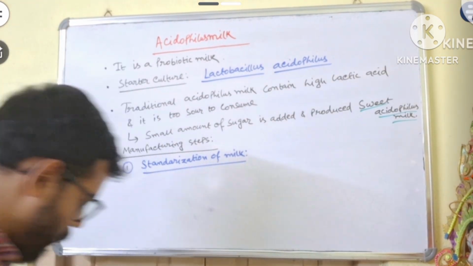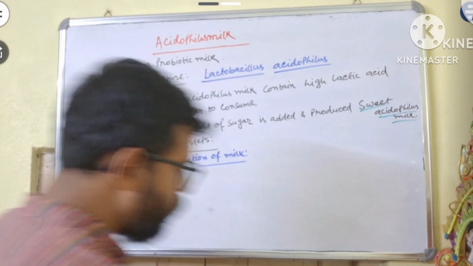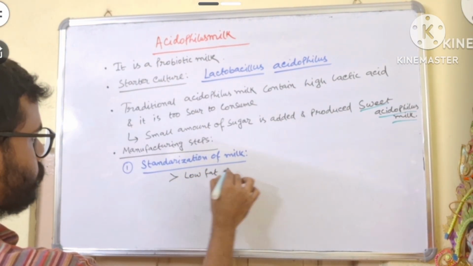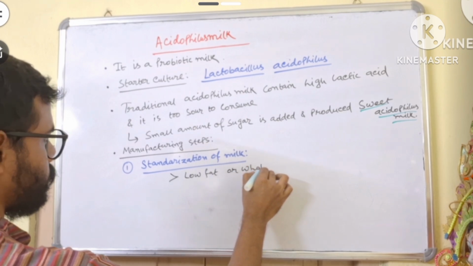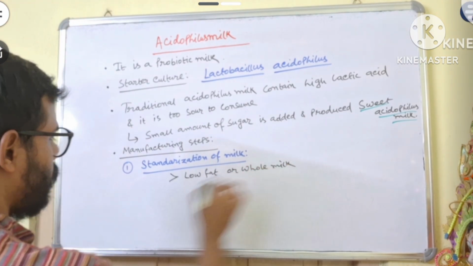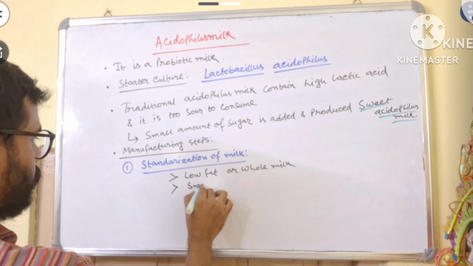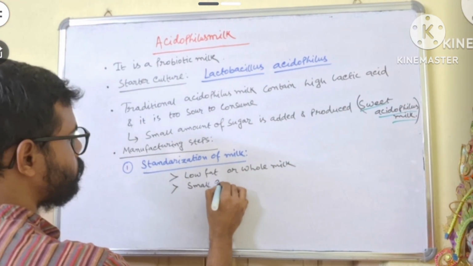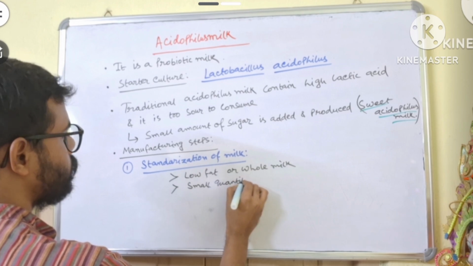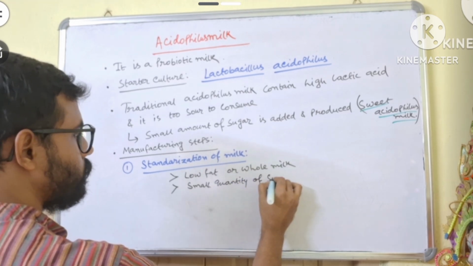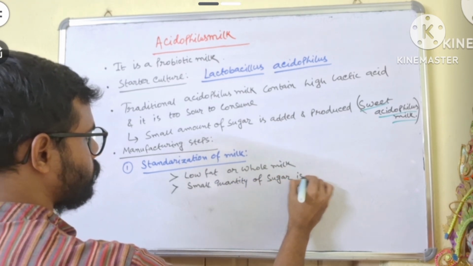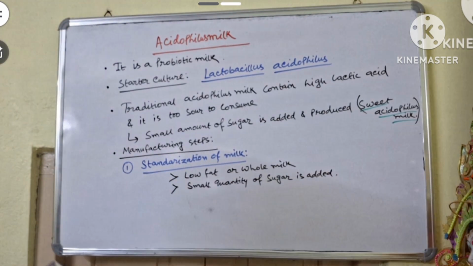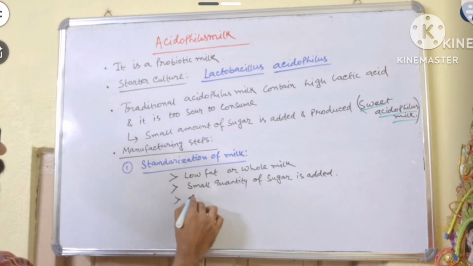In the standardization step, we can use low fat or whole milk, and a small quantity of sugar is added in sweet acidophilus milk production, and properly mixed.